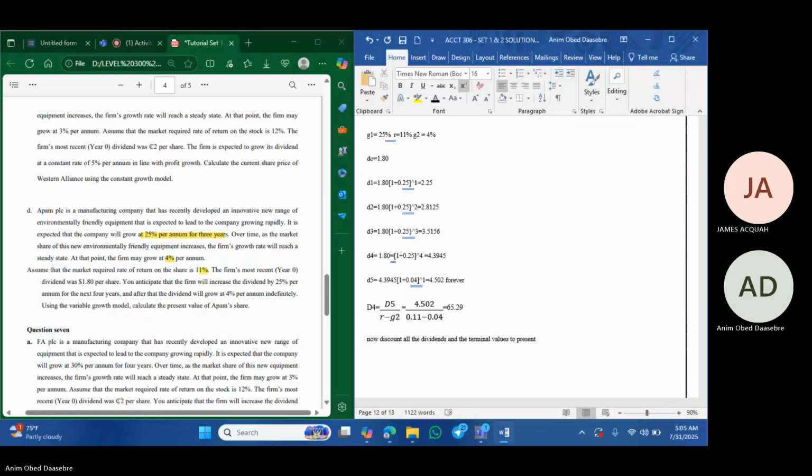So that will be the present value of the dividends.